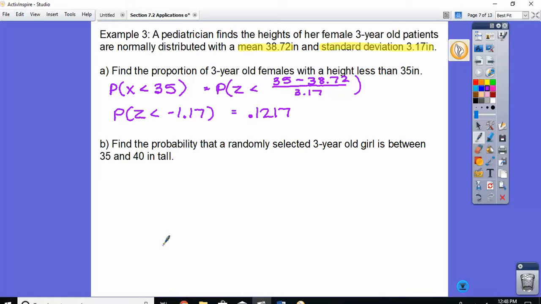Did you guys get that? Yeah, it's a 0.1210. Oh, thank you. Yep. Not sure where I got the 7 from. Probably because you said a 7.